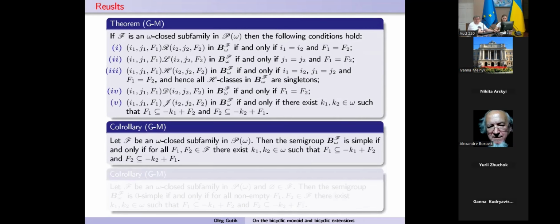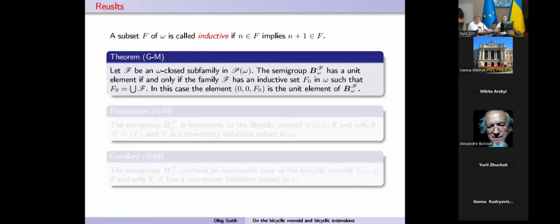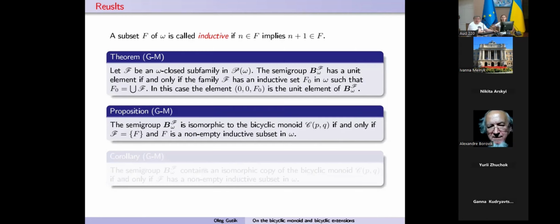In some cases this semigroup is isomorphic to the bicyclic semigroup. What is this case? The semigroup B omega F is isomorphic to the bicyclic semigroup if and only if the family F consists of one set which is non-empty and inductive. What is an inductive set?